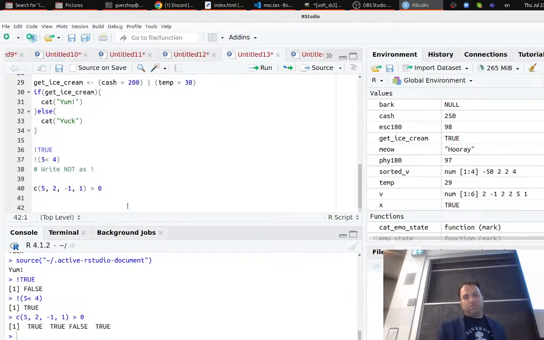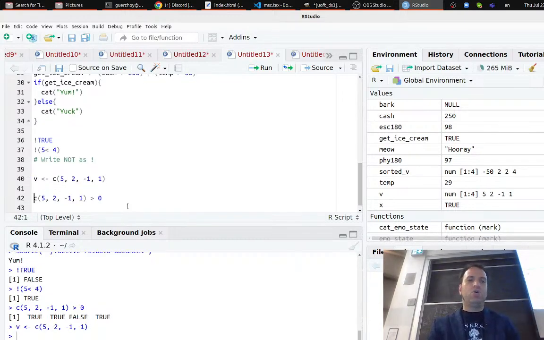Something you can do with this is, and it maybe makes more sense to think about it as a pattern than to logic through it, you can say v at v greater than 0.